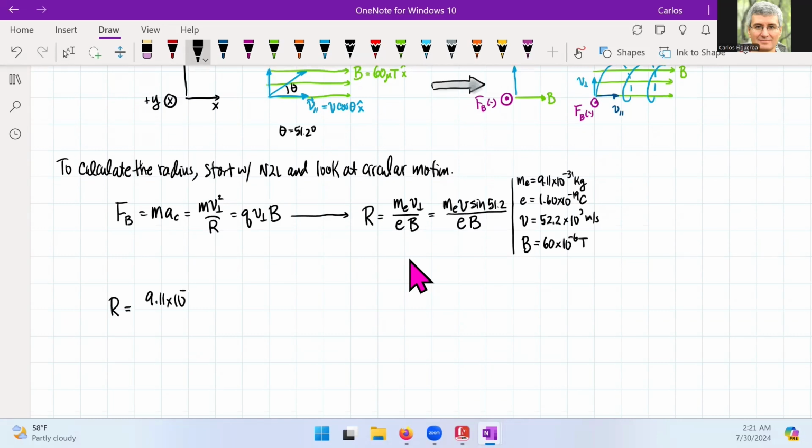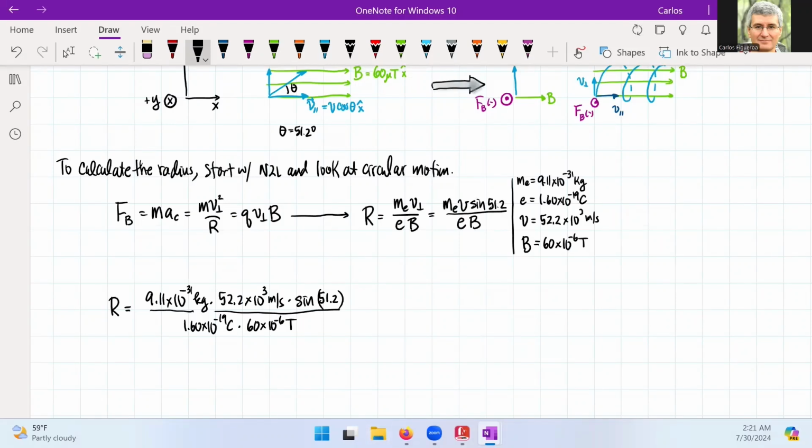9.11 times 10 to the minus 31 kilograms, times my speed, which will be 52.2 times 10 to the 3 meters per second, times the sine of 51.2 degrees. This is going to get divided by the charge, which will then be 1.60 times 10 to the minus 19 coulombs, times my magnetic field, which would be 60 microteslas.